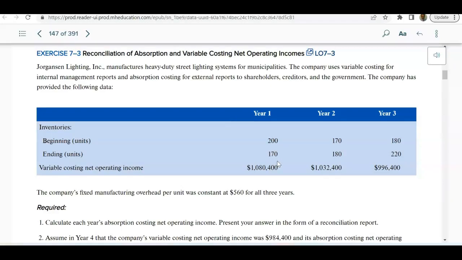Because the ending inventory went down. Remember I said under variable costing, if you produce more and sell less, net income is less. So the opposite is true. Under variable costing, if you produce less and you sell more, then your net income will be more. Okay, so those are the data we have.